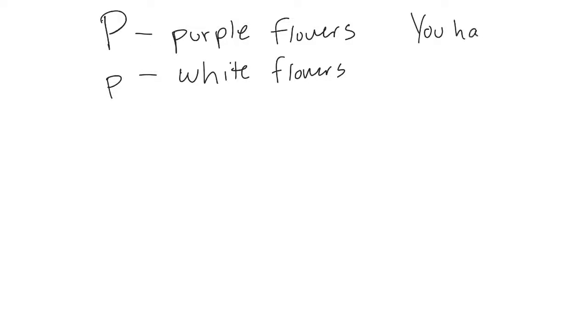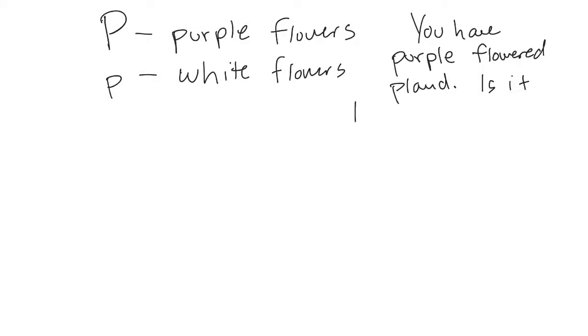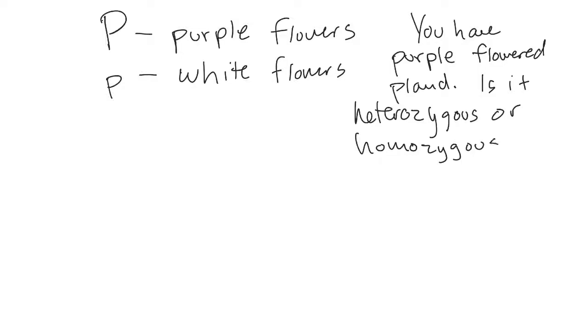And you have a plant with purple flowers, and you want to know if it is heterozygous or homozygous. How would you figure that out? Take a couple minutes to talk to your neighbor.